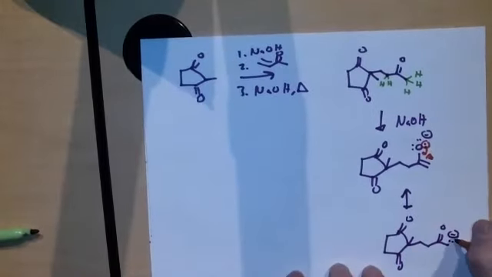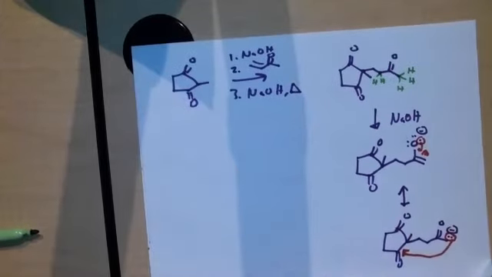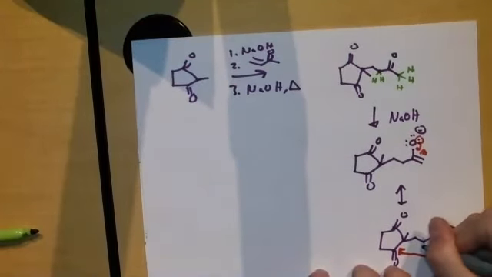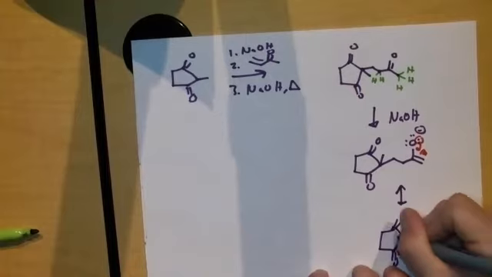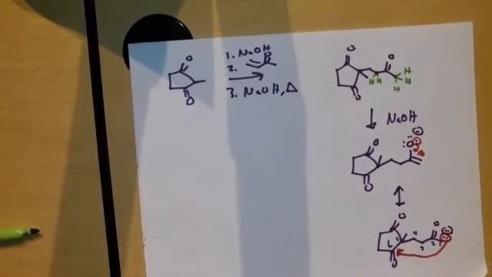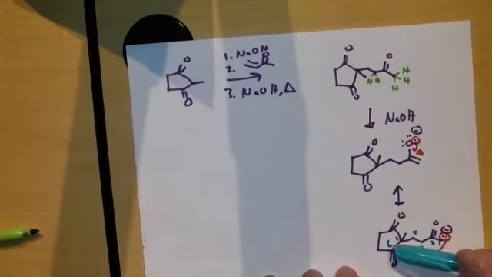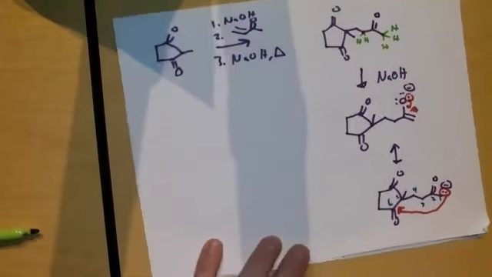down. If I have this negative charge here attack at this carbonyl here, I will form a 1, 2, 3, 4, 5, 6 membered ring because I'm making the bond between this negative and this carbonyl here. So we just have to count the number of carbons between those two.